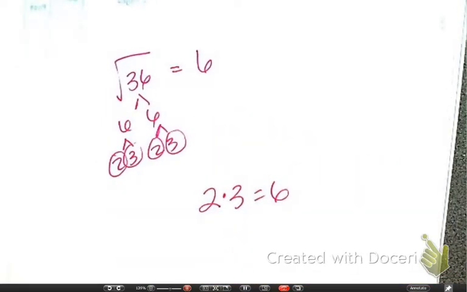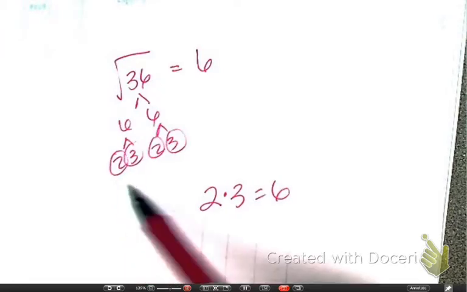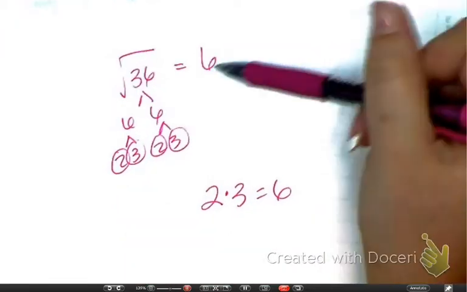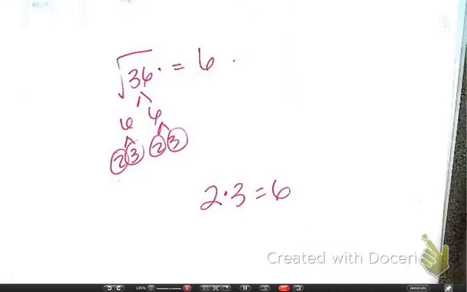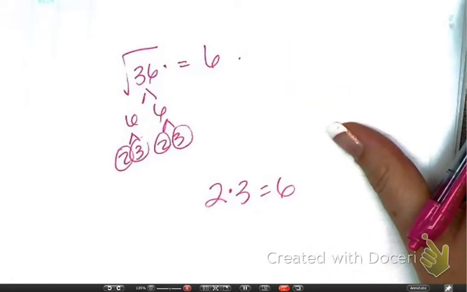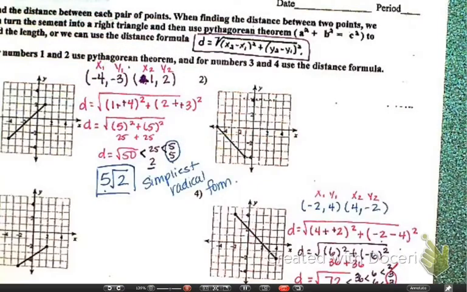So if you have an equal number of pairs, like everything comes out, it was a perfect square to begin with. No. 2 will not necessarily always be on the inside.